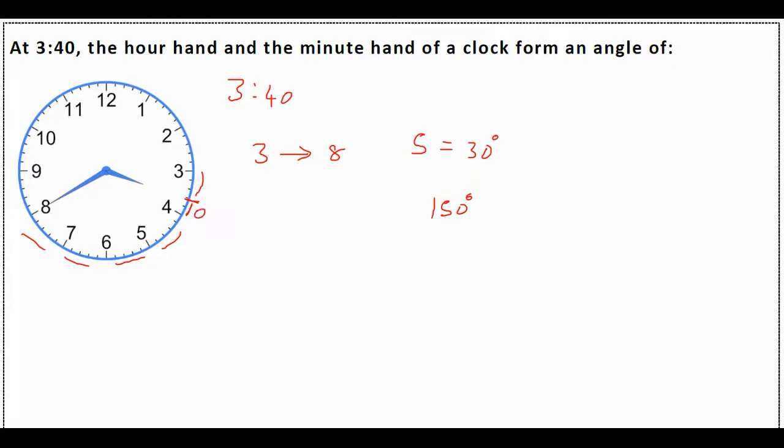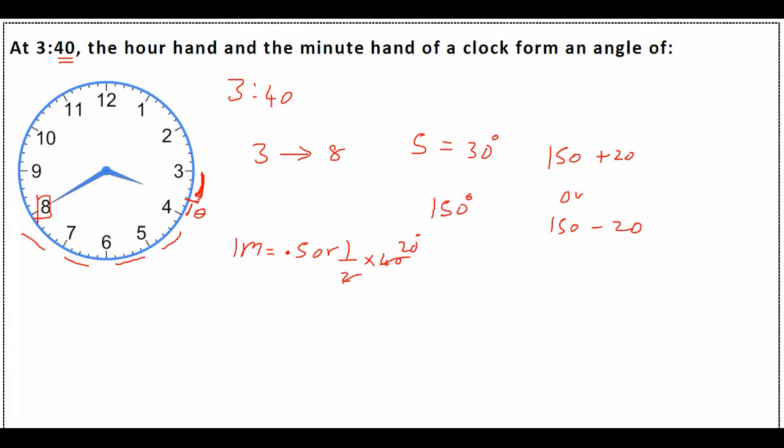This theta has to be found using the minute hand. In 1 minute, the hour hand travels 0.5 or 1 by 2 degrees. So how many minutes has this hour hand traveled here? 40 minutes traveled. So 1 by 2 into 40, we get 20 degrees. So what do we have to do? 150 plus 20 or 150 minus 20?